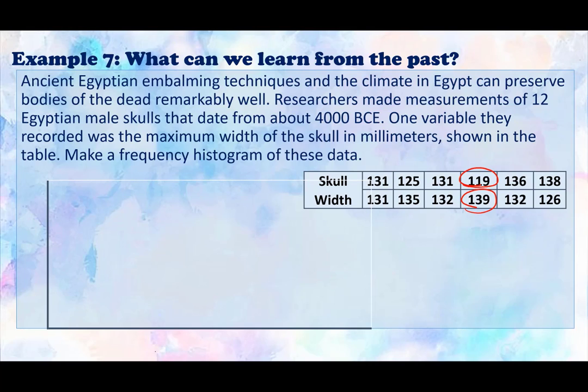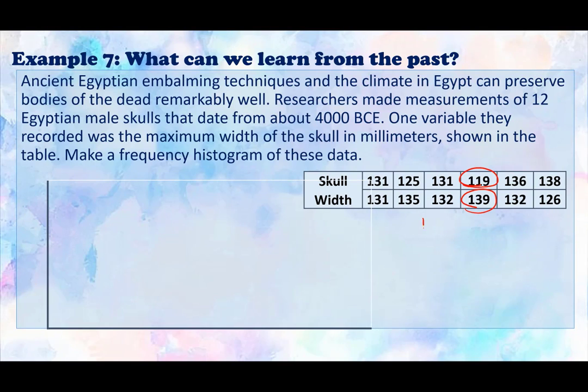So what we're going to do first is create bin widths, so we're going to find some equal bin widths. Because we go from 119 to 139, I say that we go by 5s.